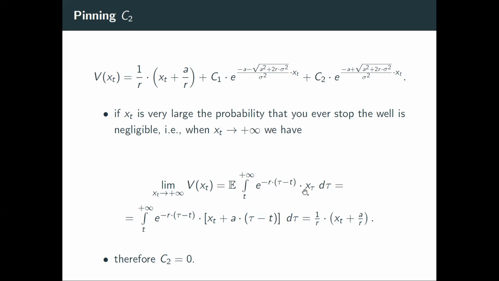Then we just substitute x tau as a function of tau. What you know today, in moment t, is that on average, here is the expectation, because you cannot surely predict how xt will evolve, so you have to rely on expectations. In expectation, your x tau will evolve as your current xt plus a deterministic time increment. Remember that in the Brownian motion, your xt changes deterministically and stochastically.